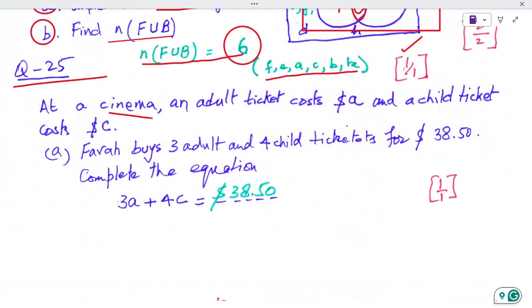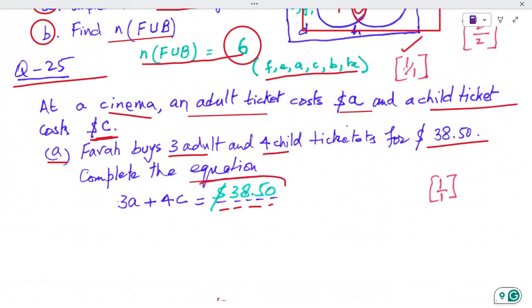At a cinema, an adult ticket costs $A and a child ticket costs $C. Part A: Farah buys 3 adult and 4 child tickets for $38.50. Complete the equation. He has given you 3A plus 4C equal to blank. So you have to write down $38.50 and you get 1 mark for that.